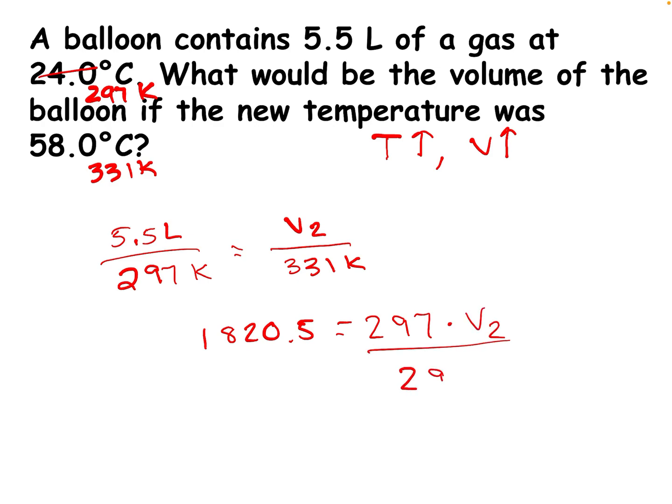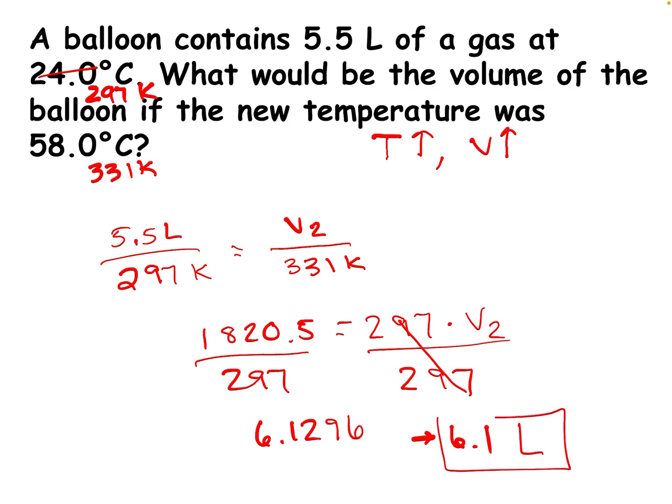Let's divide both sides by 297, and I get 6.1296. So if I was a nasty chemistry teacher, I would say, please round to sig figs, which would be 2. So 2 sig figs would be 6.1, and this is volume, so it would be liters, 6.1 liters.